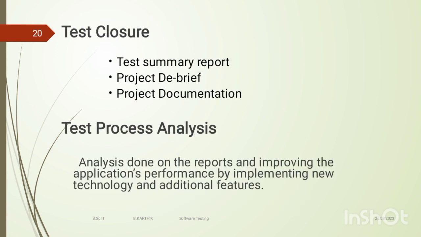And the fifth one is test execution. It is the phase carried out by the tester in which testing of the software build is done based on the test plans and test cases prepared. The process consists of test script execution, script maintenance and bug reporting. If bugs are reported, then they are reverted back to the development team for correction and retesting.